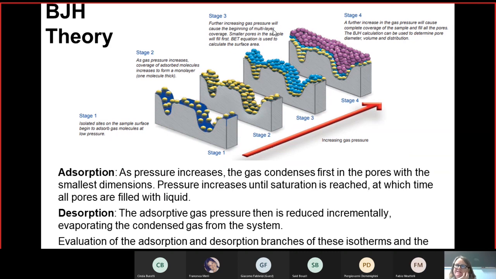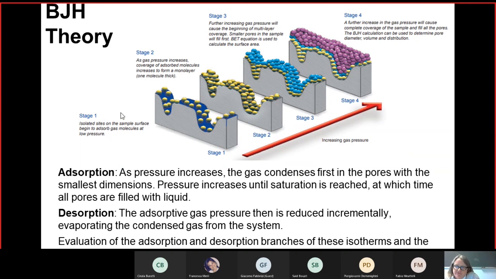So as the pressure increases, the gas condenses first in the pores with the smallest dimensions. And then as you increase pressure, you keep filling all of the pores with the liquid. It comes in as a gas, but it condenses to a liquid. And so desorption is the other way, where you reduce the gas pressure and it evaporates off the condensed gas.